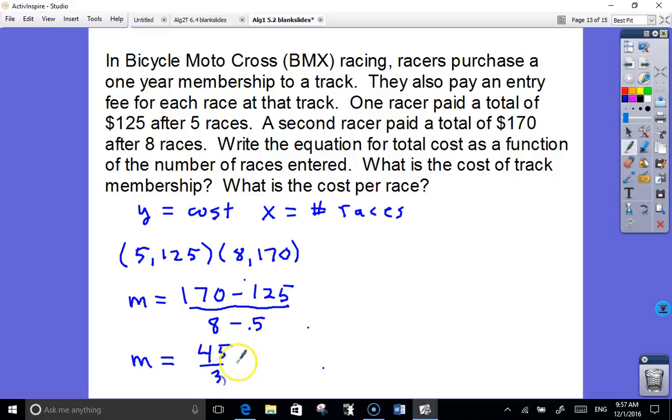And divided by 3, so the M is 15. So that's the slope. So again, what does that represent? It's going to be the cost per race, right? And so here's our X, and then we don't know the B. Okay, now we'll use one of those points. How about we pick the smaller numbers, 125.